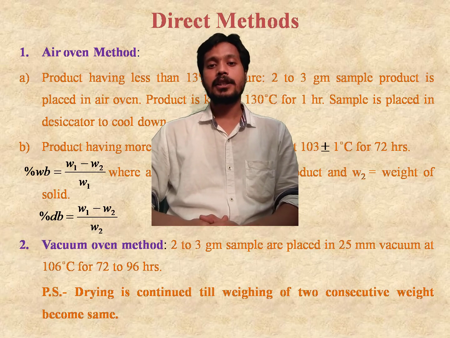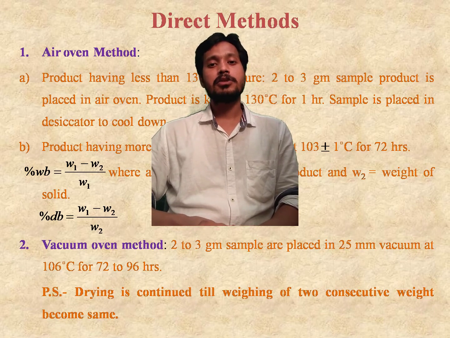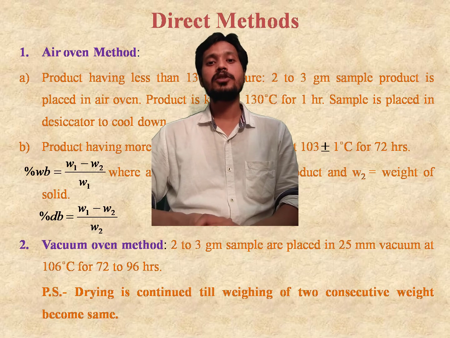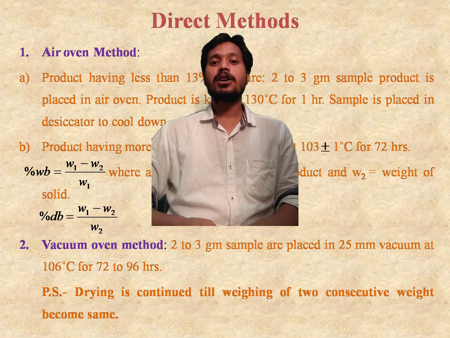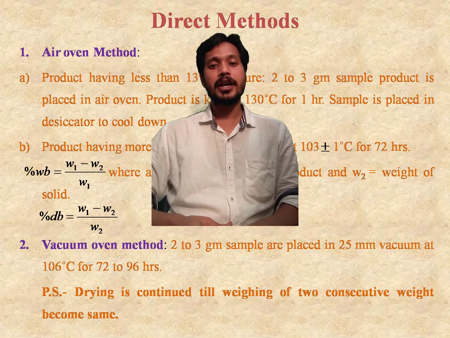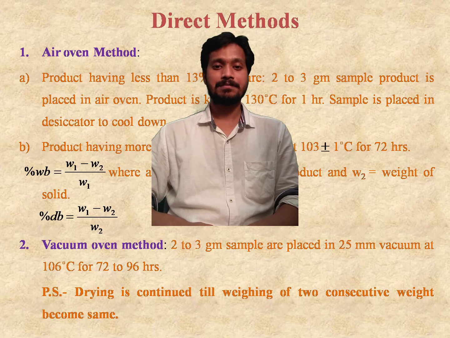Okay. So this is your air oven method and vacuum oven method. In air oven method or vacuum oven method, we dry the product, but finally you remember, until the weight of two consecutive weighings becomes the same, we must continue the drying.